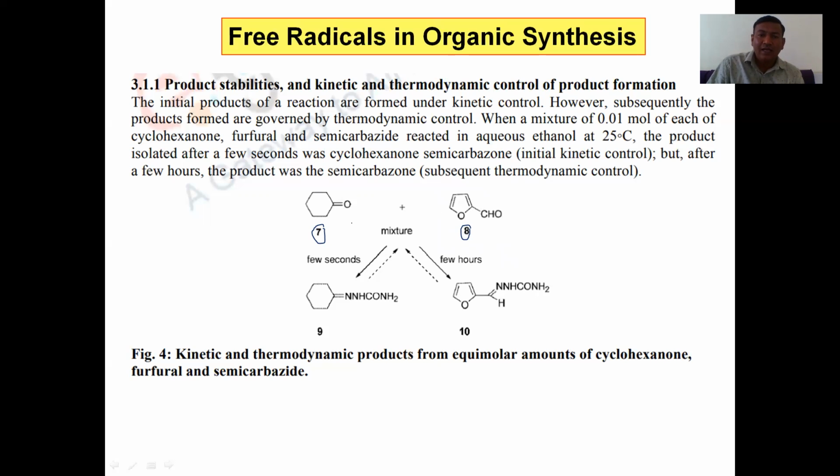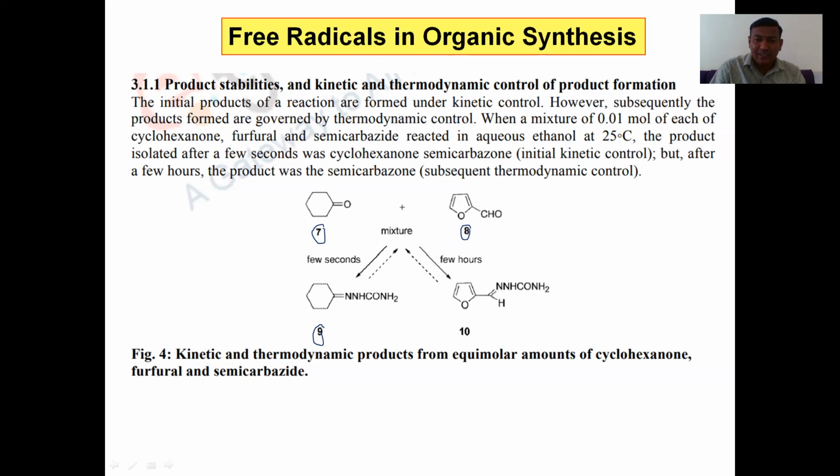So when furfural and this cyclohexanone react together with semicarbazide, there will be a formation of semicarbazone, right? So this is 9 or 10, the semicarbazone. Initially there is kinetic control, but after a few hours the product was the other semicarbazone, under subsequent thermodynamic control.